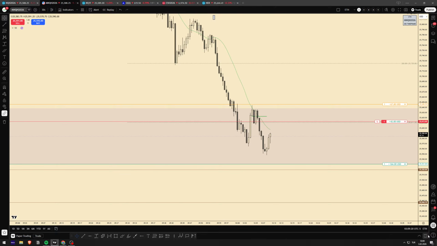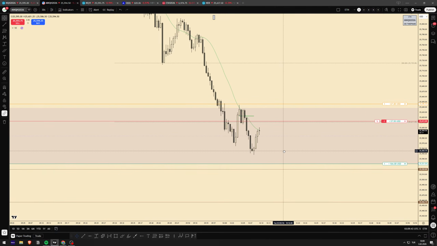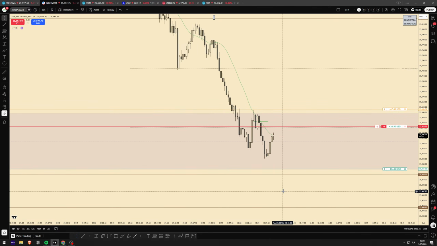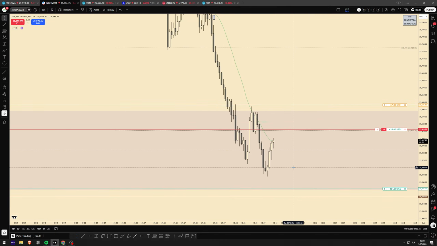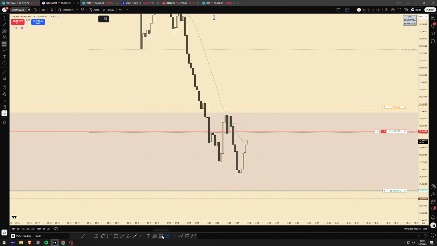Okay, so we already took a little bit of profits. These two. This is almost 50 points, and this is 37 points, and this is the last runner. So this pattern can be traded like this too.